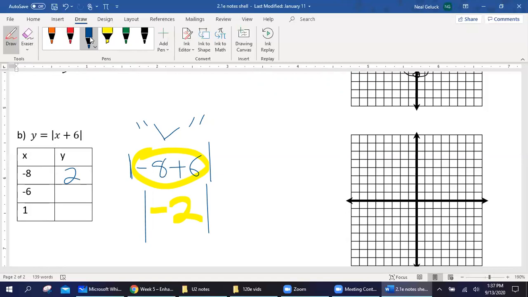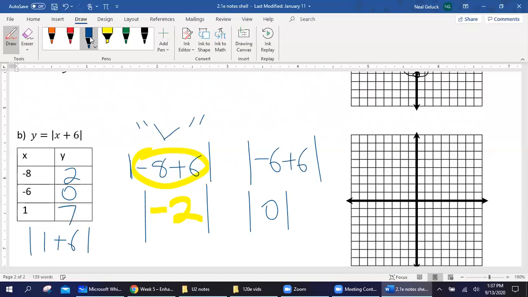If I plug in -6 for x, that would be the absolute value of 0, which is 0. If I plug in 1, that would be the absolute value of 7, which is 7. So if I plot these points, I've got -8, 2, -6, 0.